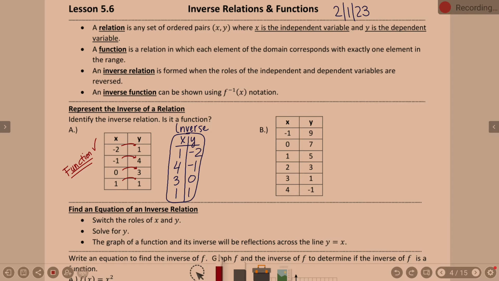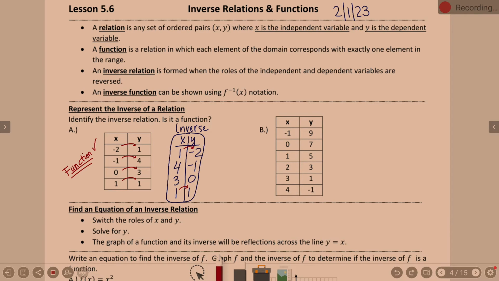Now, inverse. Is the inverse a function? So the catch on this one is that 1 pairs with negative 2, and 1 pairs with 1.